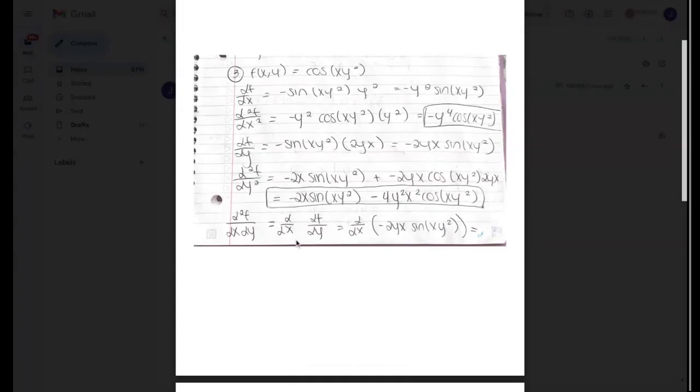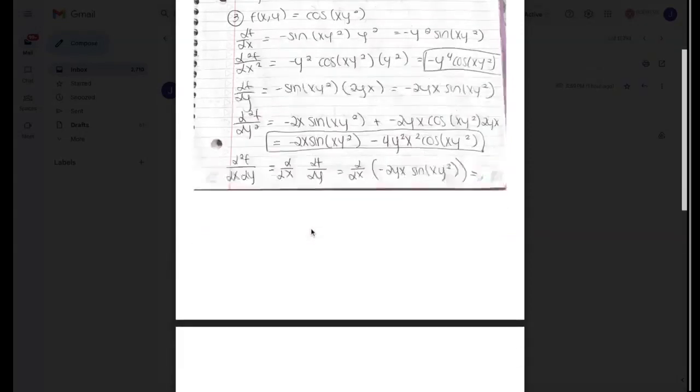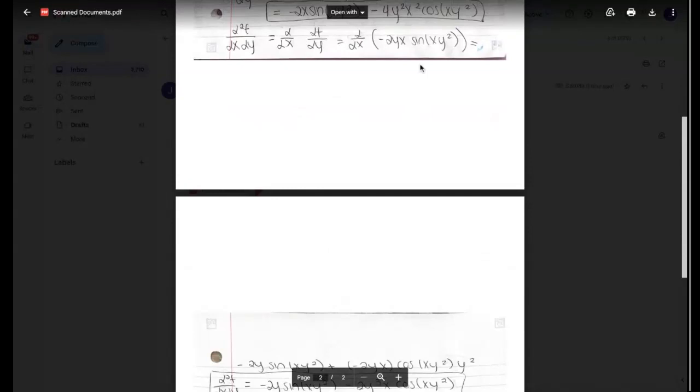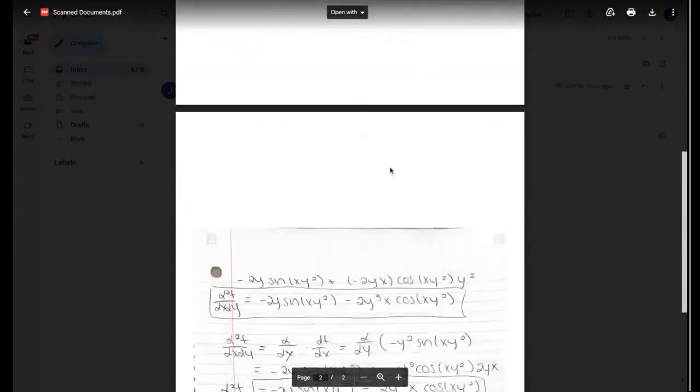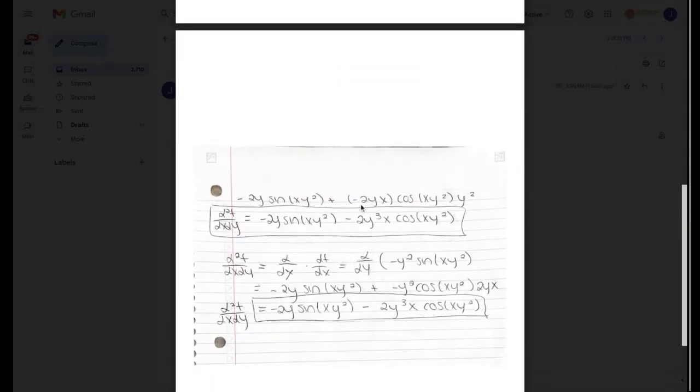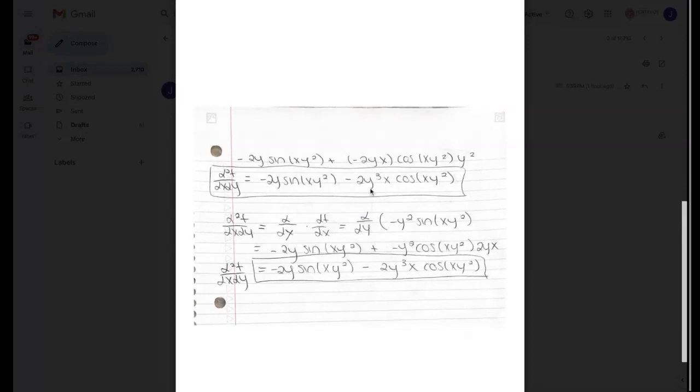And then taking partial y, then partial x, I have to scroll down because I did it in two separate things. This is also the product rule. Taking the derivative with respect to x here, you get negative 2y sine xy squared plus, now doing the opposite, negative 2yx times cosine xy squared times y squared.